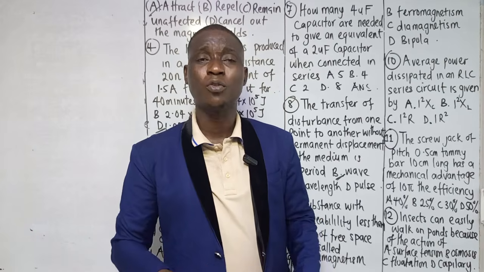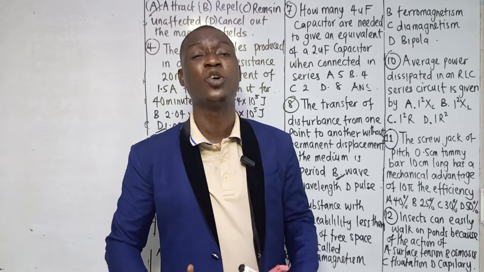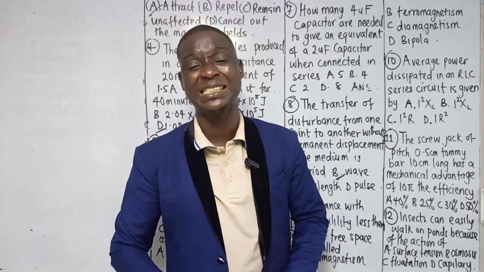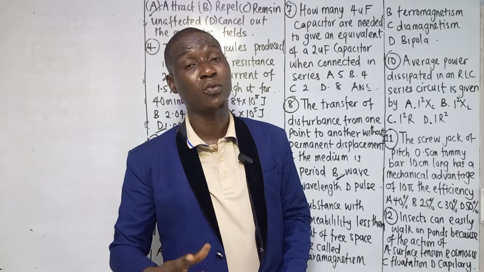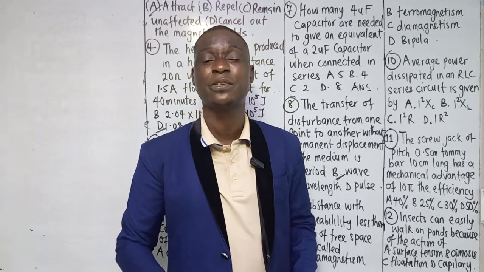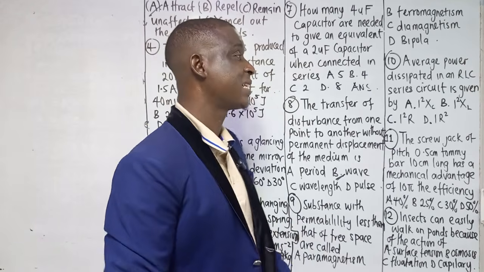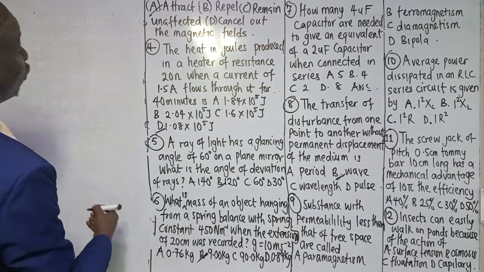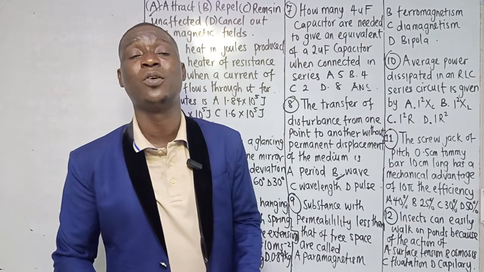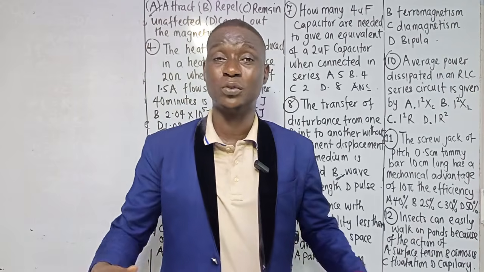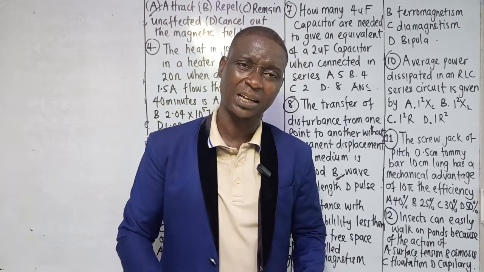Also, the susceptibility of ferromagnetic material is positive and very high. Their relative permeability is far greater than 1. Examples are cobalt, nickel, iron, gadolinium, permalloy, and so forth.